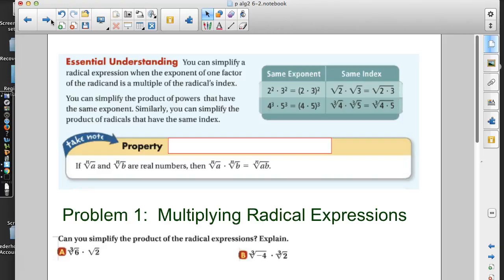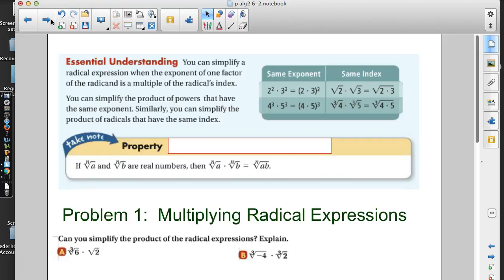So just as if we wanted to use exponents, powers of exponents to do this, if we have 2 squared times 3 squared, hopefully we would notice, wait a minute, they both have a 2 for a power. I wonder, if I keep that 2 for a power, can I just do the 2 times 3? Well, of course you can. Because remember, if there's multiplication in here, we distribute the power. It works.